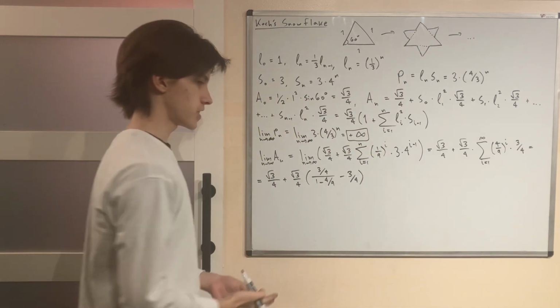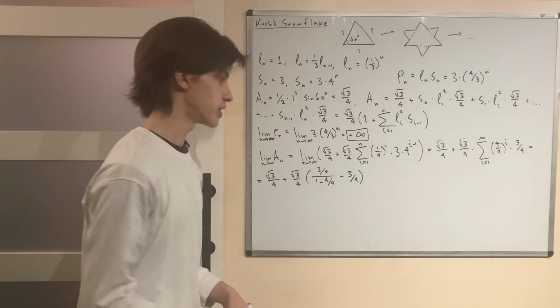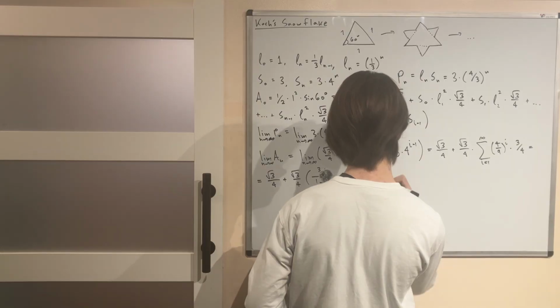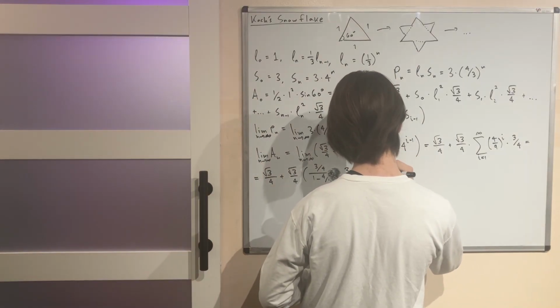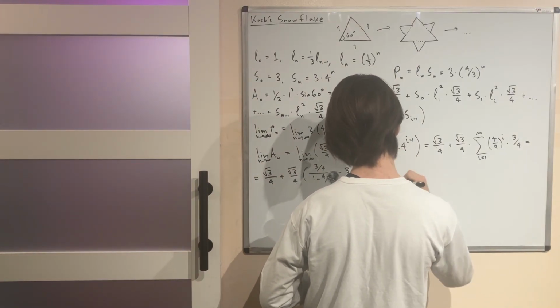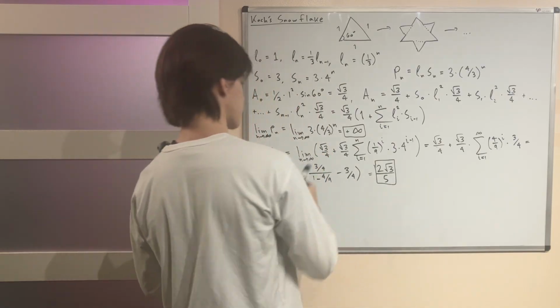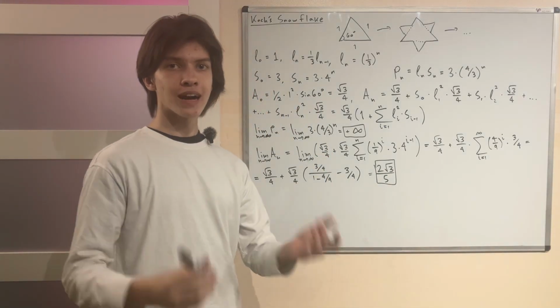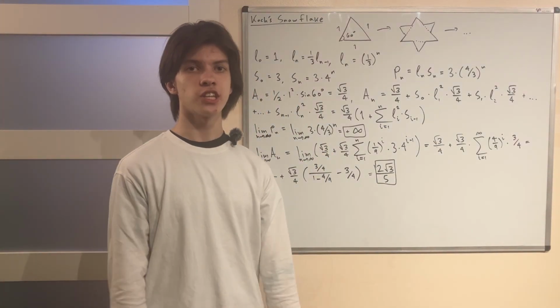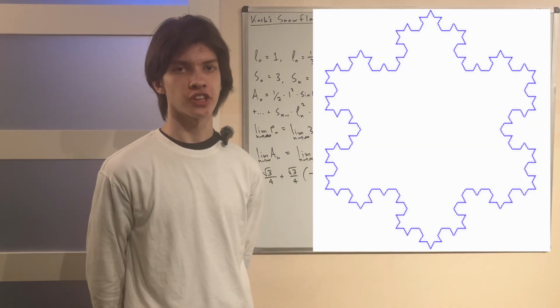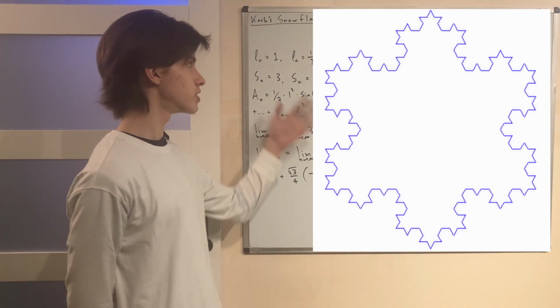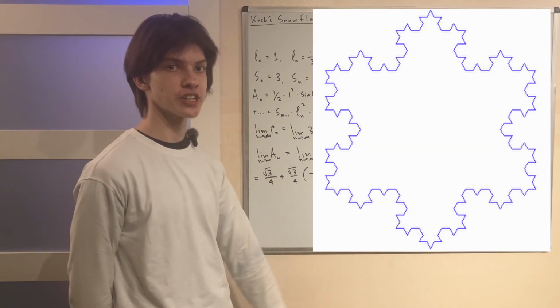And so this is it. And with a bit more simplification, we can get that this is equal to 2 root 3 over 5, which is indeed a finite number, unlike the perimeter which diverges. How cool is that? So that is it for today's video. Hope you all enjoyed learning about these fractals and how cool it is. Perimeter diverges, but the area converges.